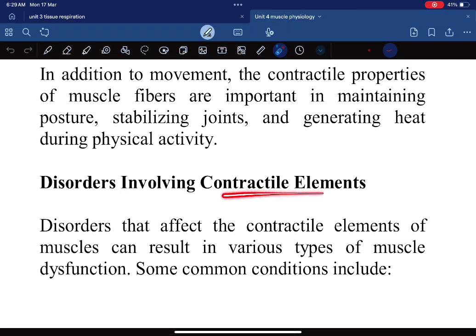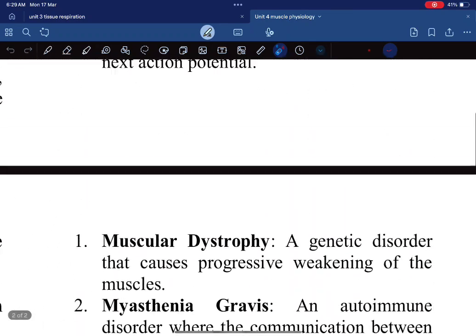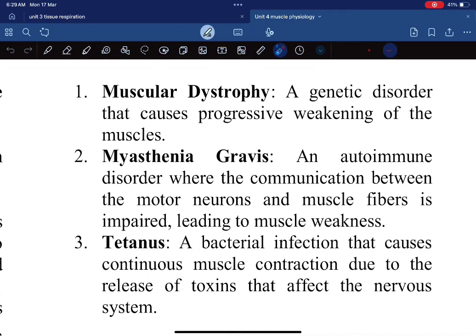Disorders involving contractile elements. Disorders that affect the contractile elements of muscles can result in various types of muscle dysfunction. Some common conditions include: first, muscular dystrophy, a genetic disorder that causes progressive weakening of the muscles.